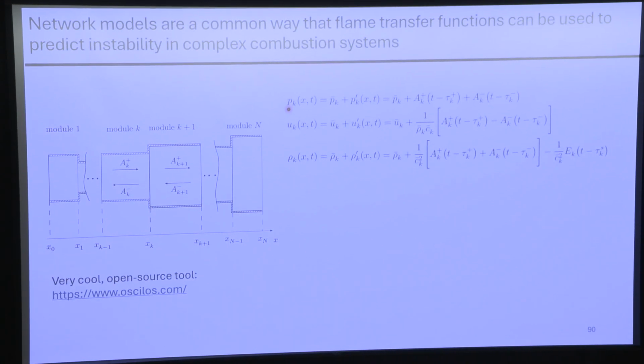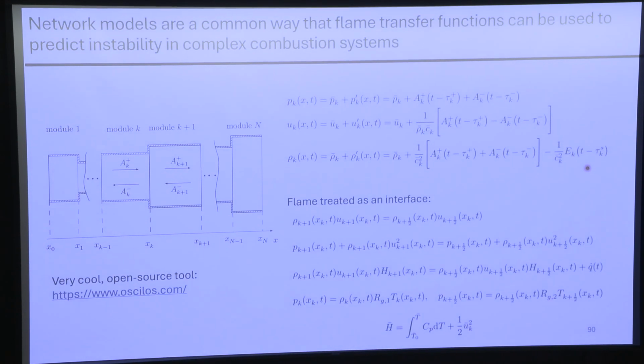It's actually pretty clever. So these equations are saying, okay, each of the variables I want to solve for, which is pressure, acoustic velocity, and density, I can do a Reynolds decomposition, so I have a mean and a fluctuating, and that fluctuating can be broken into a forward traveling and a backward traveling component. In the density, I also have this term that can come from energy addition, which, you know, is from the flame. So at each of the interfaces, you just start conserving stuff.